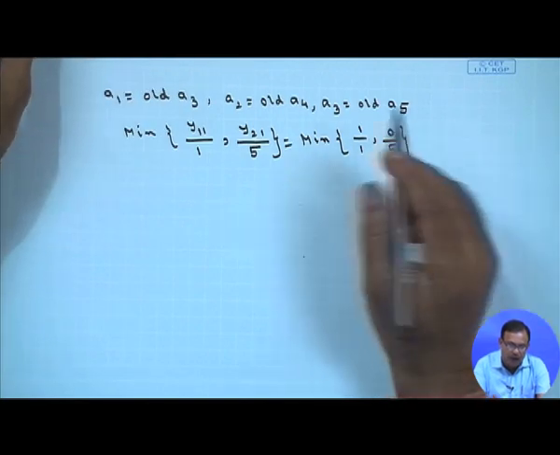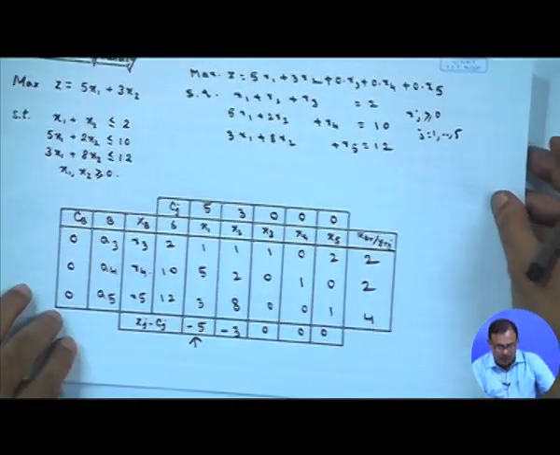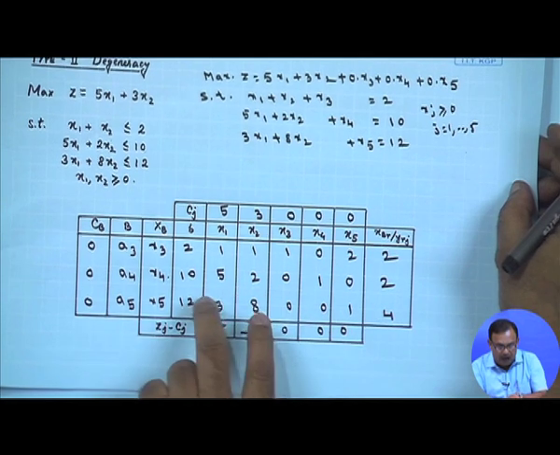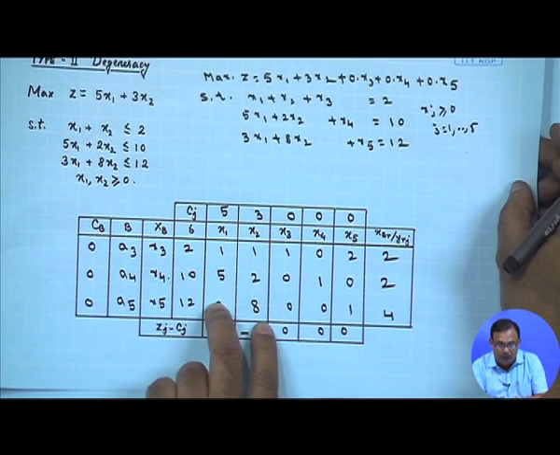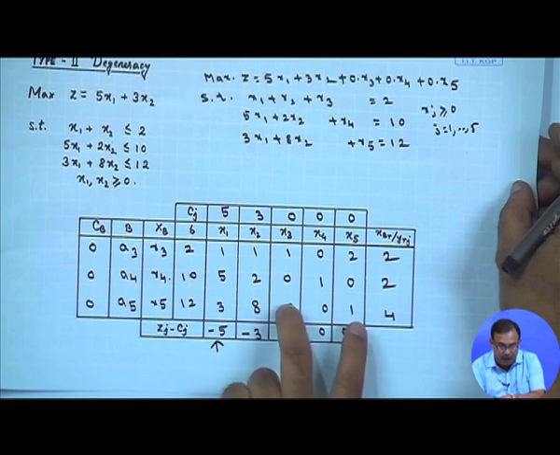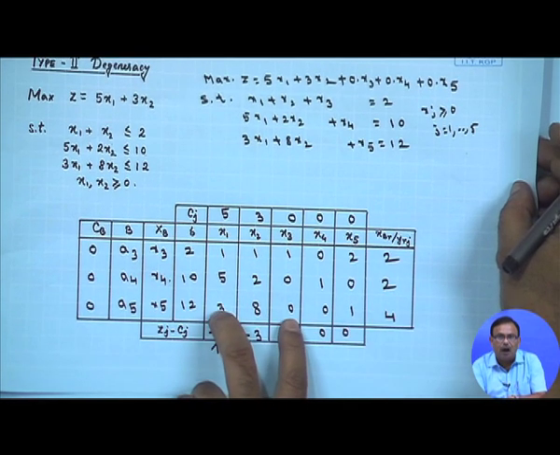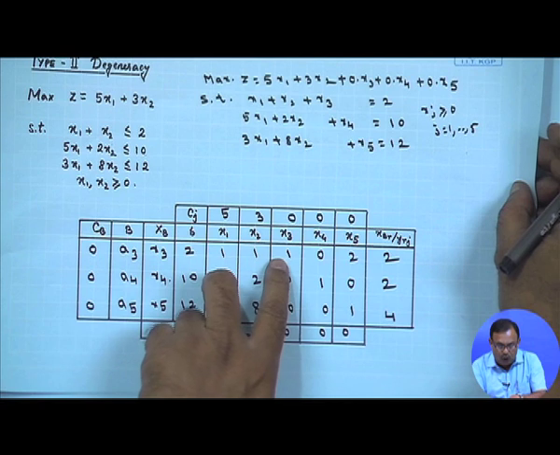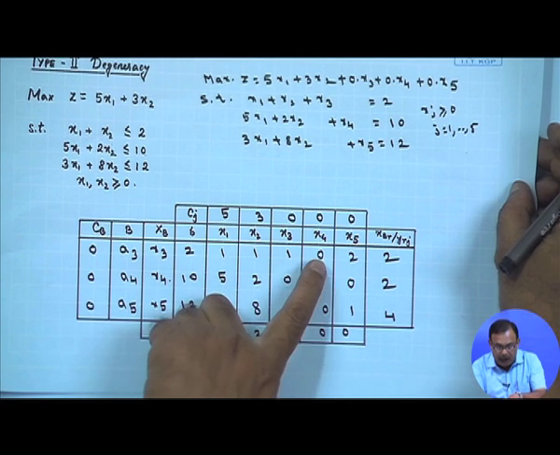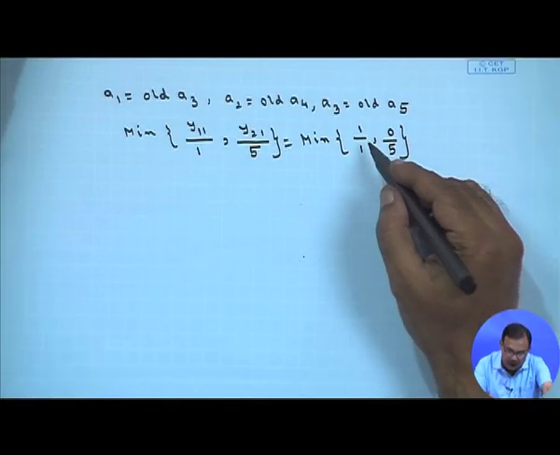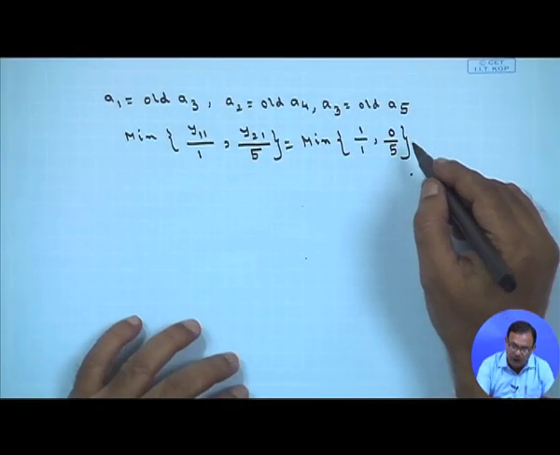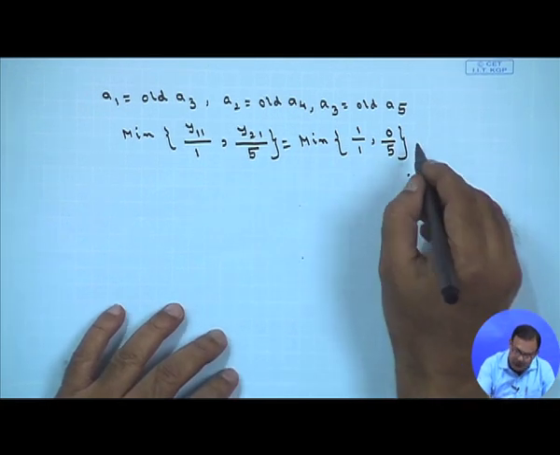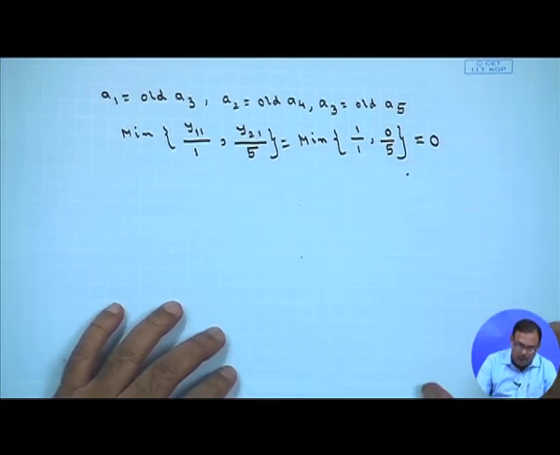I am getting this from the next two variables, because we have interchanged, and x3, x4, x5 now come in the first three columns. So y11 will be 1 and y21 will be 0.